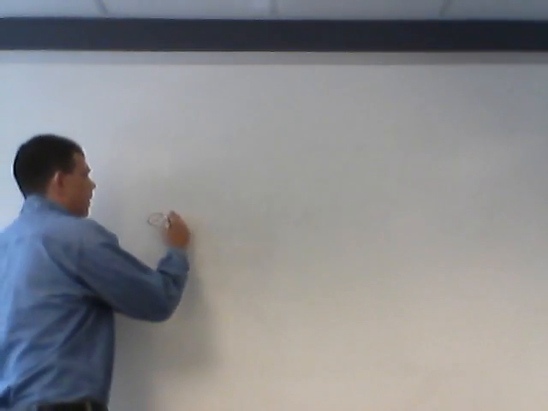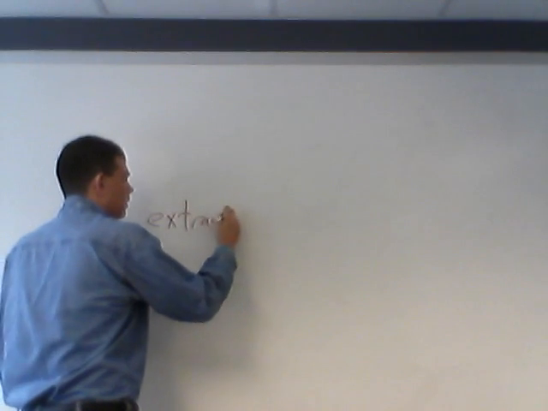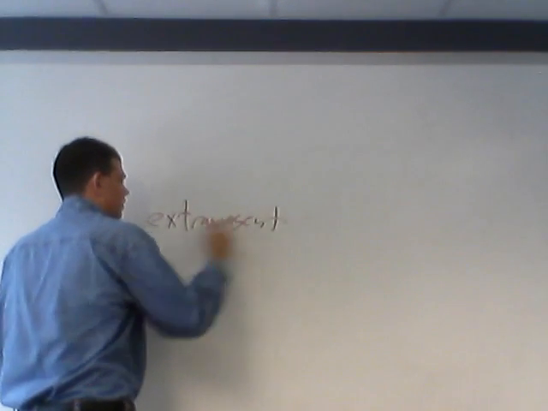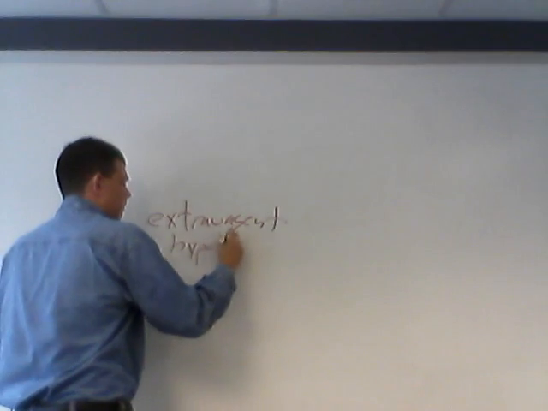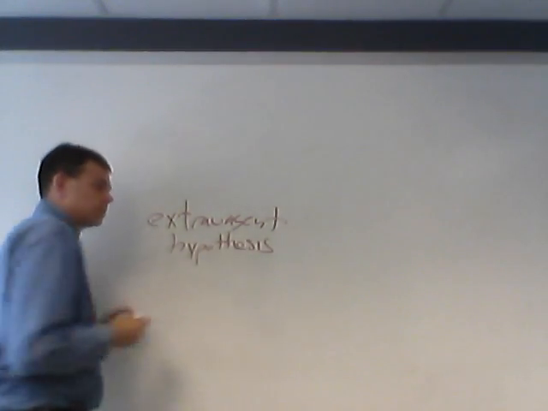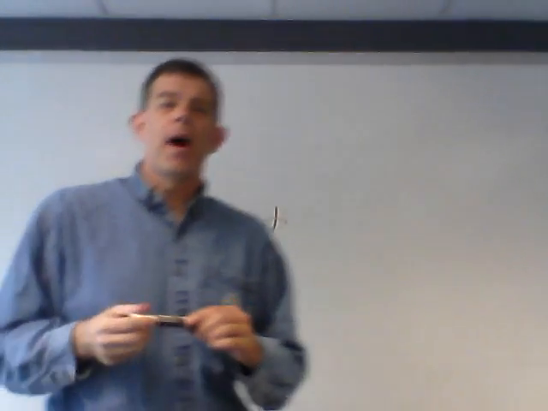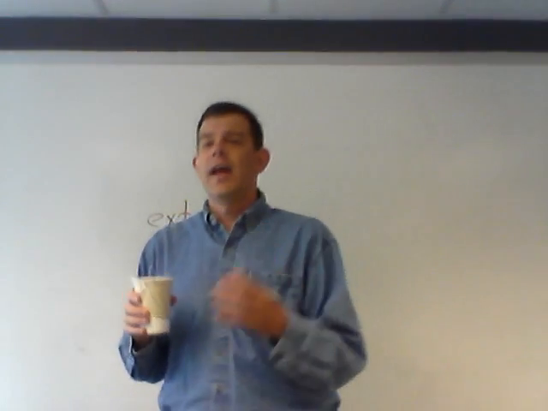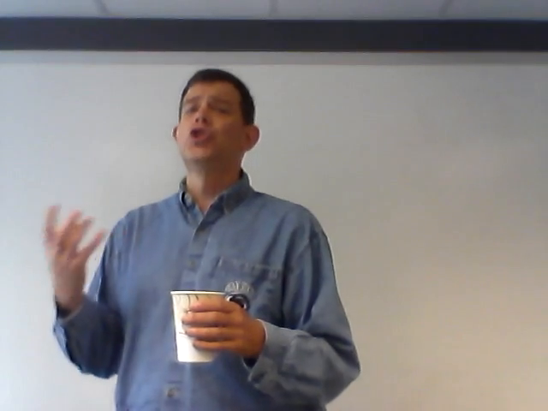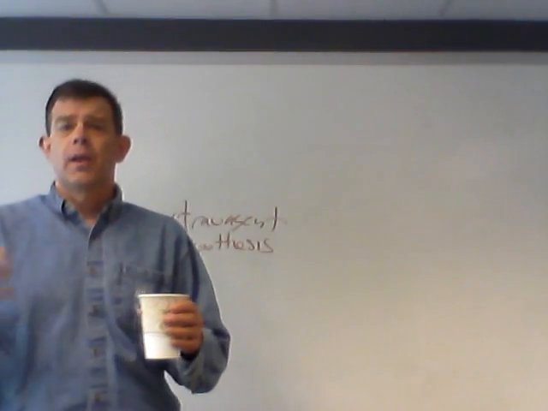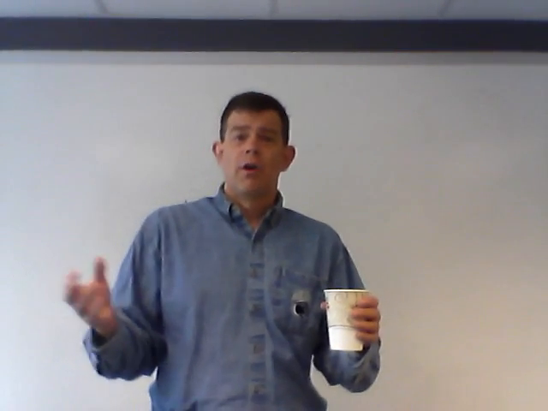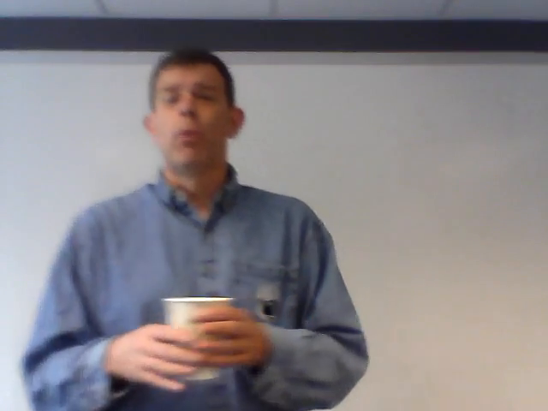Another one the book talks about is something called the extravagant hypothesis. The extravagant hypothesis means you develop some incredibly lengthy, quite possibly absurd premise when a really simple one will do.